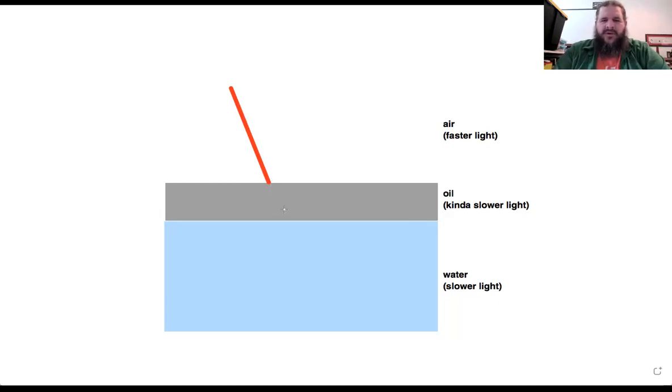Some of it does go through and bend, but not all of it. Because the ray of light actually splits when it hits a material separation like this. I mean, not just for the oil slick on top of water, but in general, anytime light hits a new material, usually we expect some of it to go through and some of it to bounce off. So what's going to happen here is we get a split beam. Some of the light gets through, some of the light bounces off.